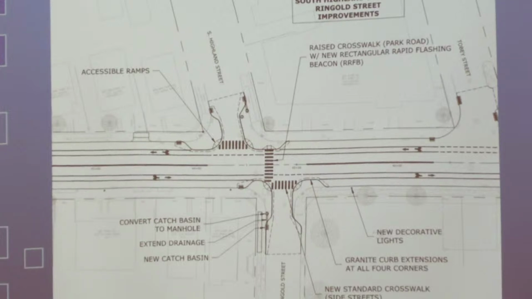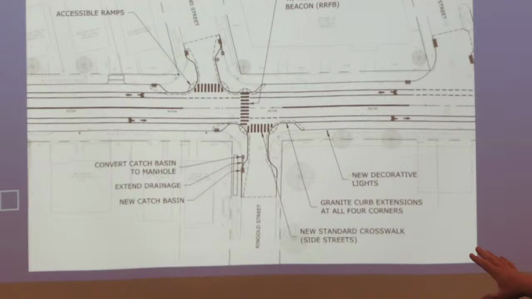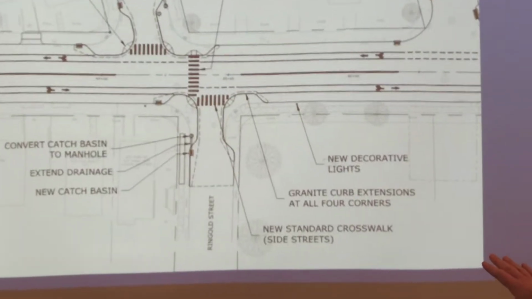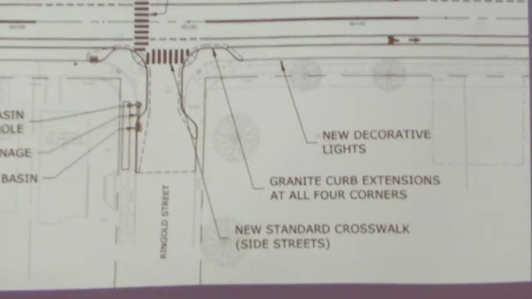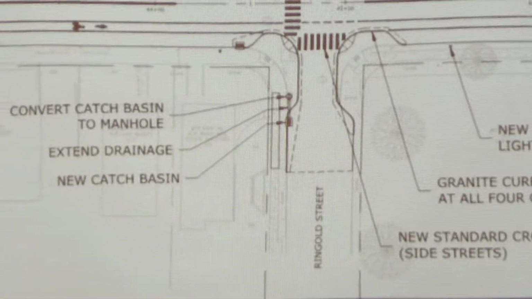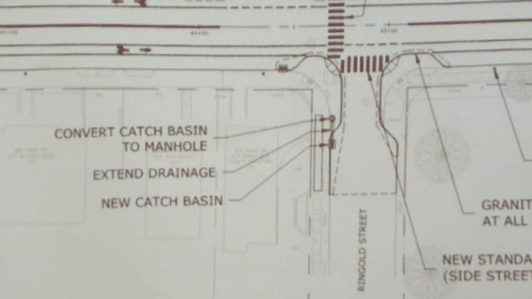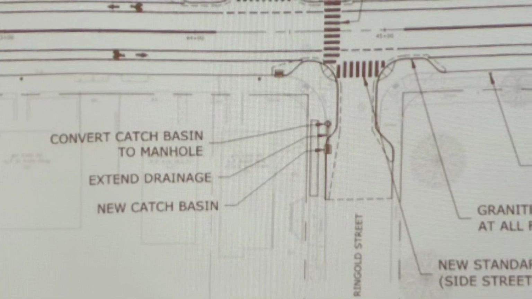All the ramps will be new accessible ramps. Down here on the lower left is an example, you'll see this on all the slides too, of some of the drainage modifications that have to be made in order to install the new curbing and the sidewalk. And then the new decorative lights, that's just to call out one of the lights, but there are about 15 of them along the south side of Park Road from Oakwood to Prospect.